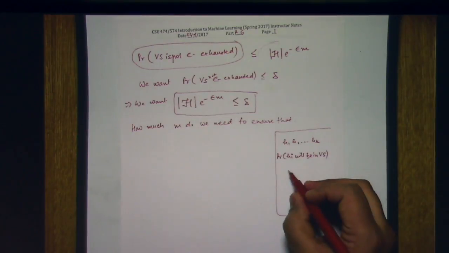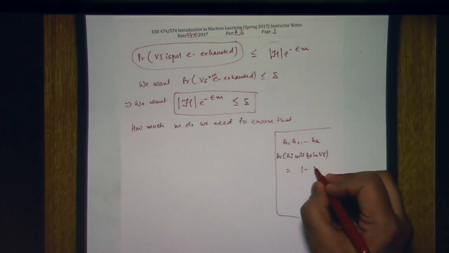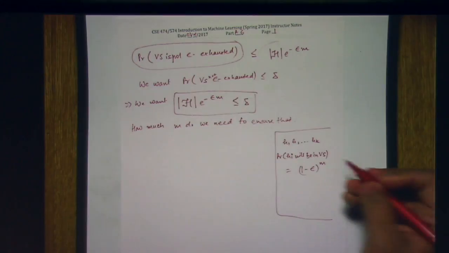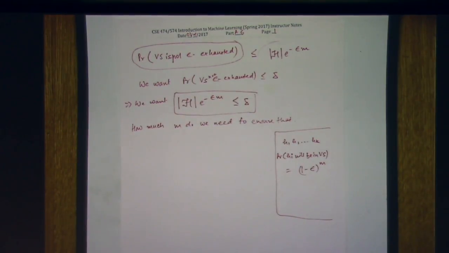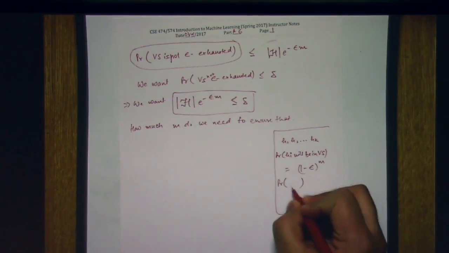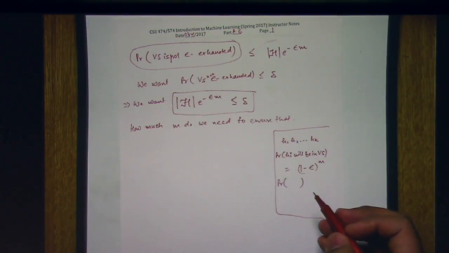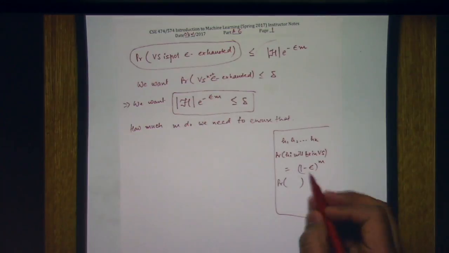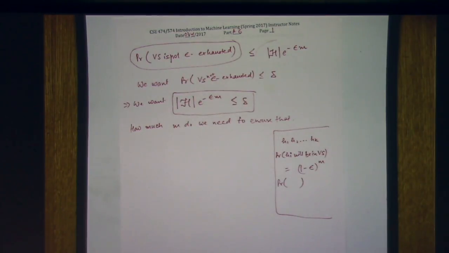And that was 1 minus epsilon raised to the power m, because to be in the version space it has to make 0 mistakes on those m training examples, right? Then we said, okay, what is the total probability that any of them will be in Vs, right? And it won't be just the sum of these, it will be less than or equal to the sum of these, because we can't guarantee that they can be added up. So that was the idea. That's why we have this bound over here.